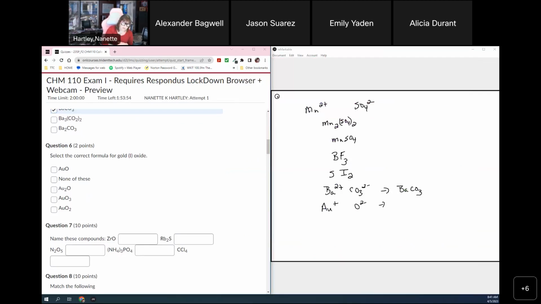So to make that work, I have the Au with the subscript that is the charge from O, and O with the subscript that is the charge from Au, which is an implied 1. So this 2 becomes the subscript here, and the 1 becomes the subscript there. So Au2O is what we're looking for there. That's this one right here.